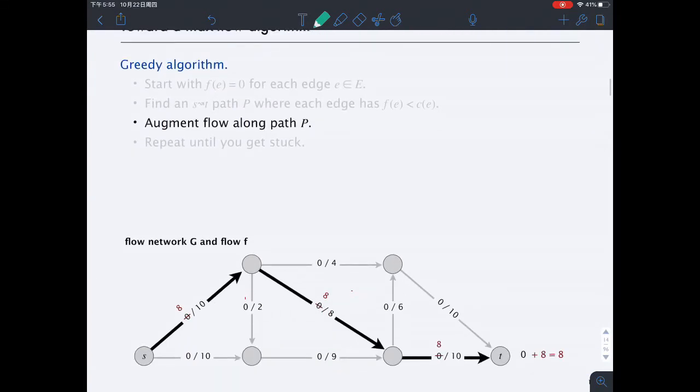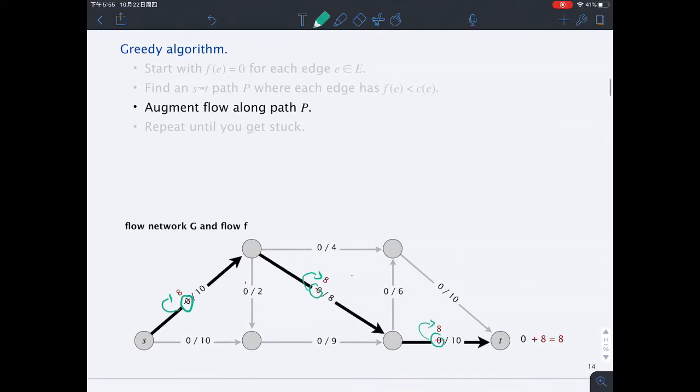The graph here is saying that we are choosing this path, and the next thing we are going to do is the update, right? After we do the update, if you just look at the numbers here, the first edge moves from 0 to 8. The second edge also moves from 0 to 8. The third edge moves from 0 to 8, right? So you can imagine that we start to push 8 units of flow from S to T. So at this moment, the total amount of flow here is 8.